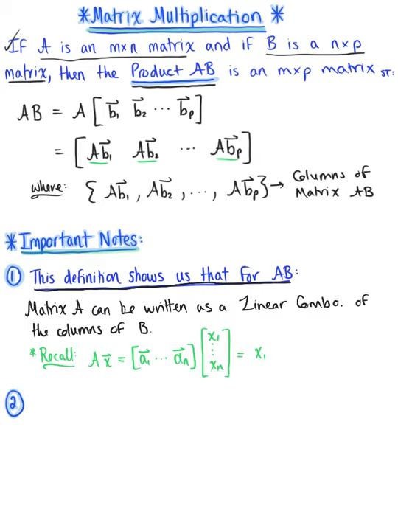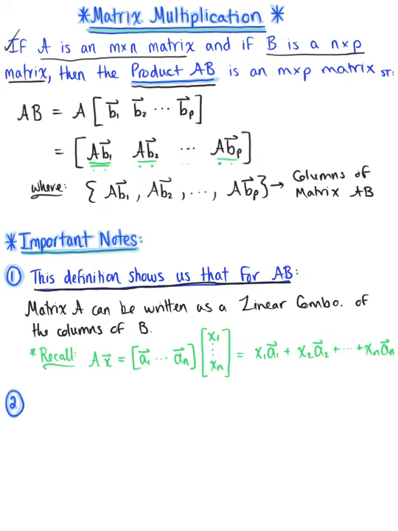So that's x sub 1 times vector A sub 1, plus x sub 2 times vector A sub 2, plus all the way to x sub n times column vector A sub n. And this is the same exact thing that's happening in each one of these column vectors. We have a matrix times a vector. We have a matrix times a new vector. And this continues all the way to that last column where we have a matrix times a vector. So it's the same thing, just on a much larger scale.